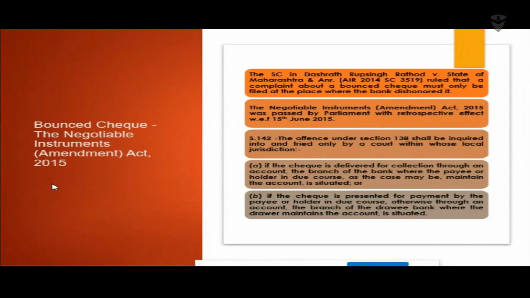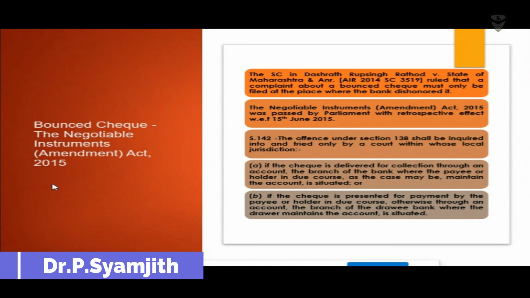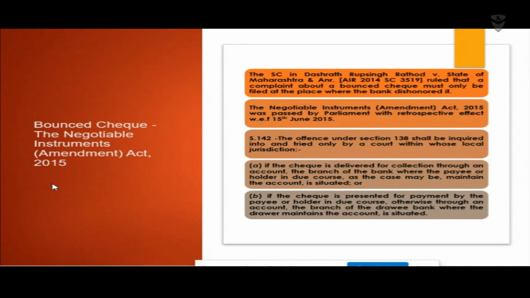So truncation we have mentioned, and now see when we are filing a case under Section 138, which jurisdiction is used to file a 138 case? Previously there was a lot of confusion when the Supreme Court judgment came. Subsequently, to overcome that judgment, the NI Act was amended.